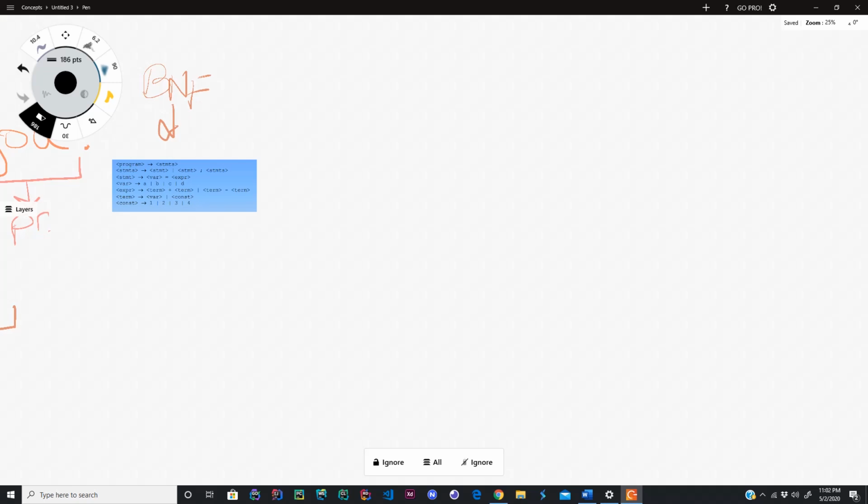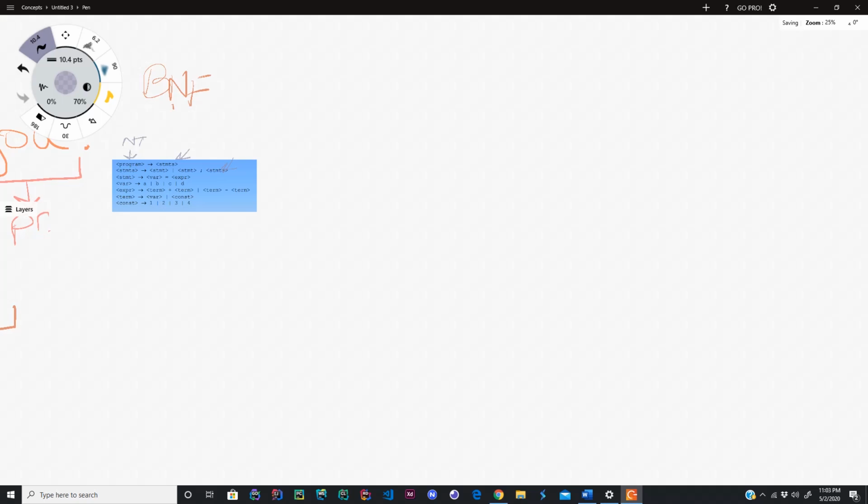If I go down here, okay, BNFs are really simple to understand. This is an example of a BNF, right? Each line has a rule. This is a rule, and this is another rule. Each rule has a non-terminal. This is called a non-terminal, and the reason it's called non-terminal is because it can be described by something that's not a constant, right?